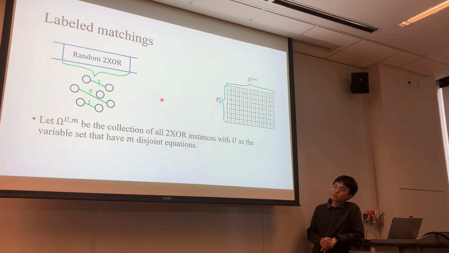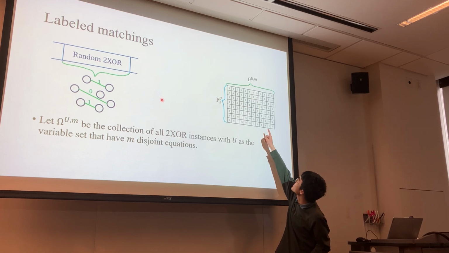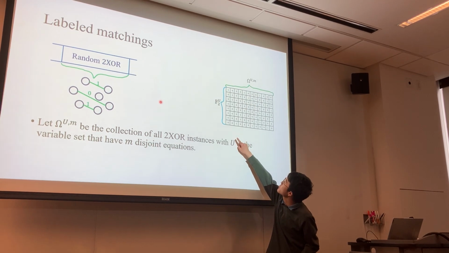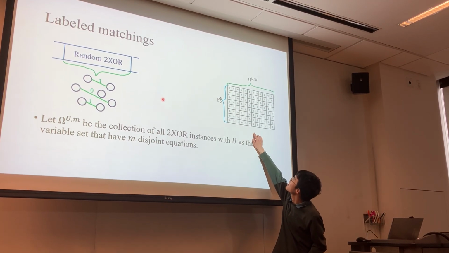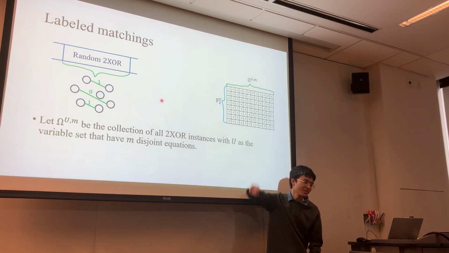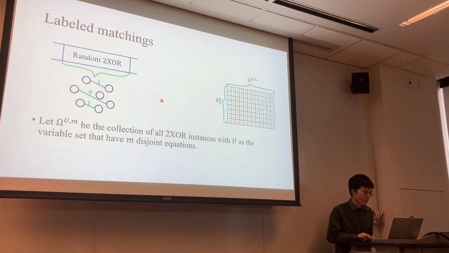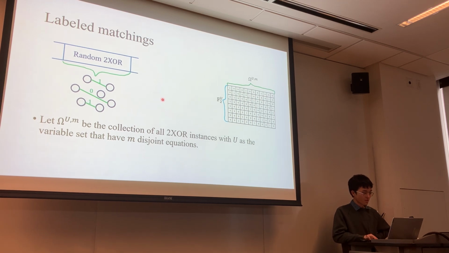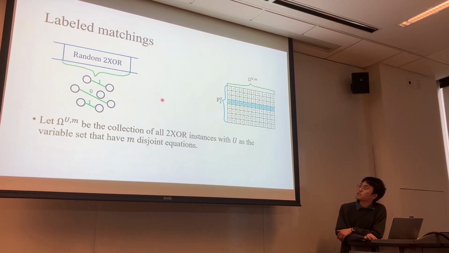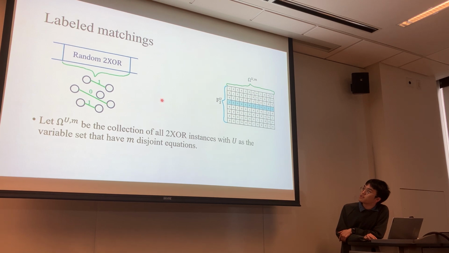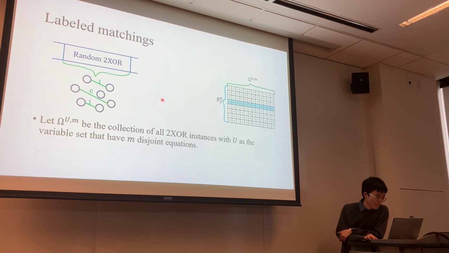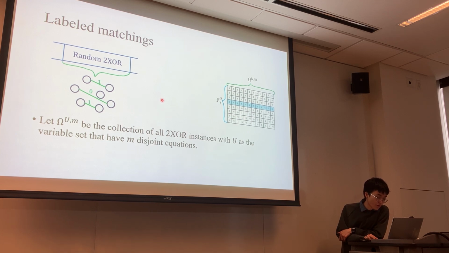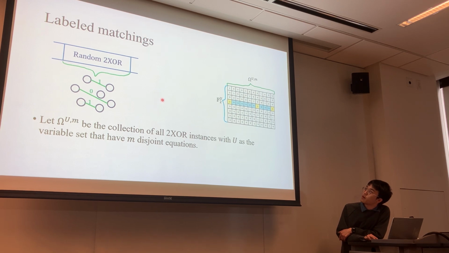And for each equation and each solution, if the solution satisfies the system of equations, then we're going to put a 1 on this matrix entry. Otherwise, we're going to put a 0. So if we are given an underlying solution, which is a bipartition, then we can look at the row in this matrix corresponding to that solution, and randomly pick one of the entries that is 1.